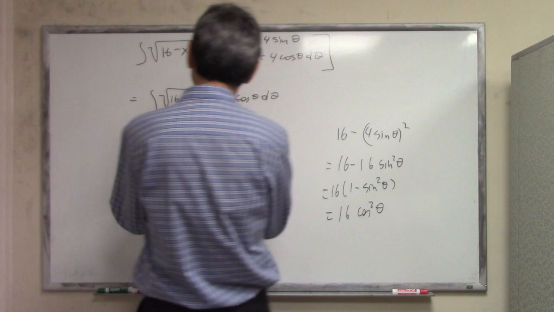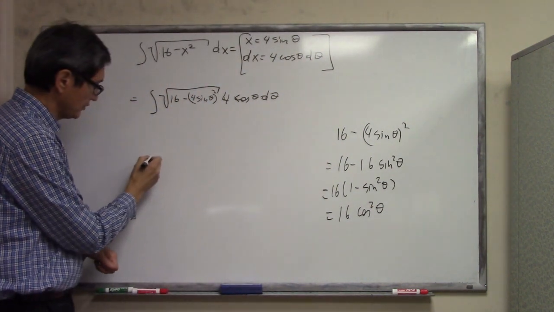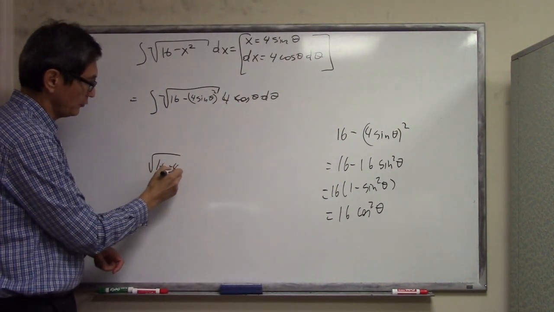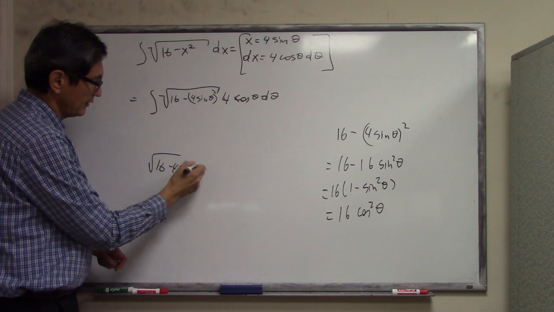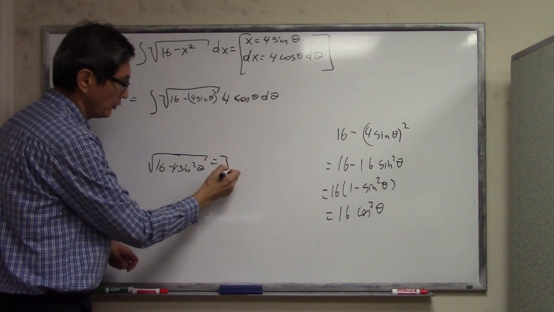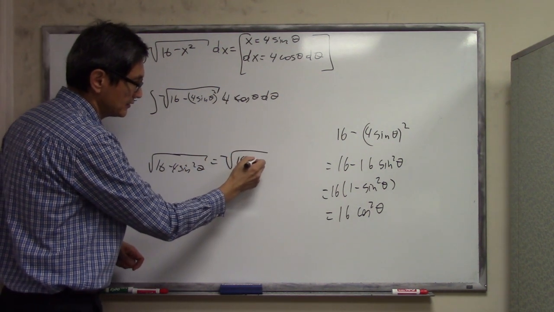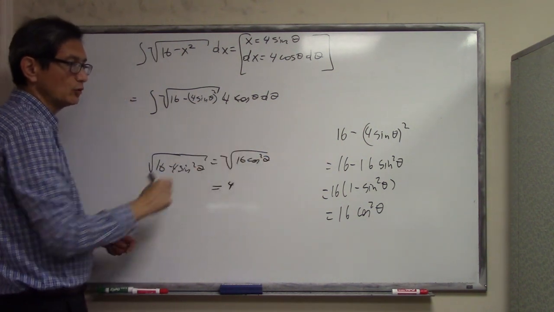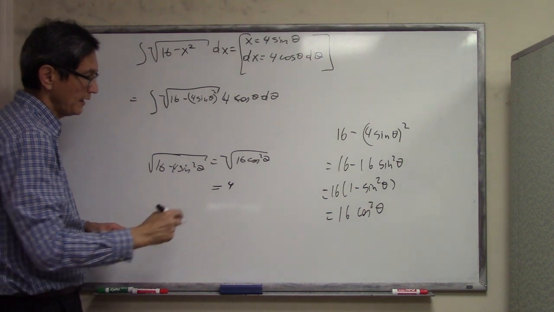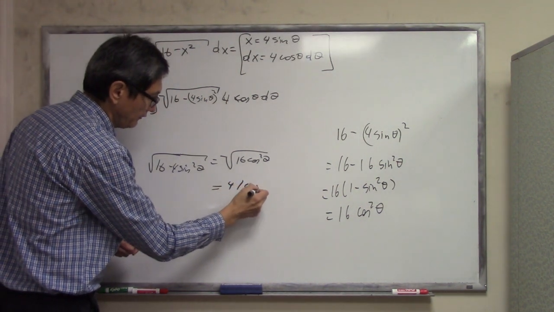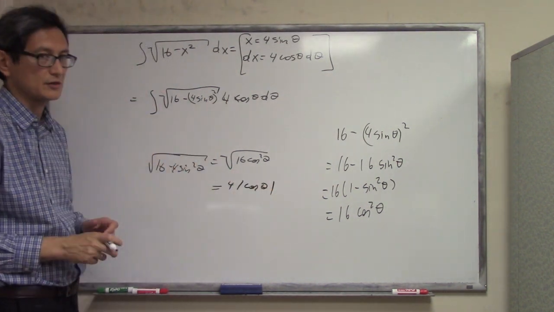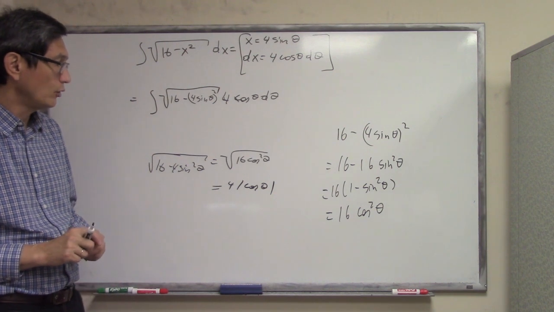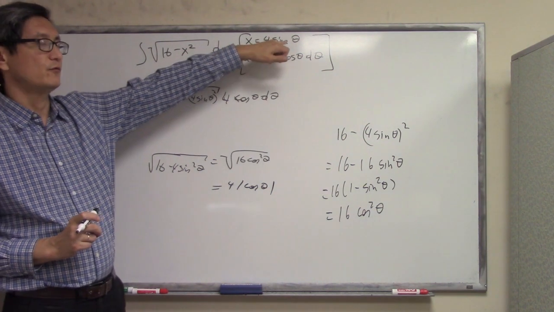So instead of the square root of 16 minus 4 sine theta squared, we have the square root of 16 cosine squared theta, which is 4 times the absolute value of cosine theta.